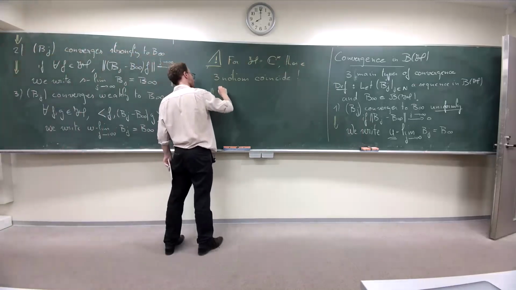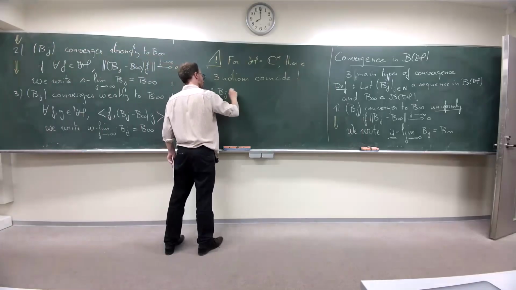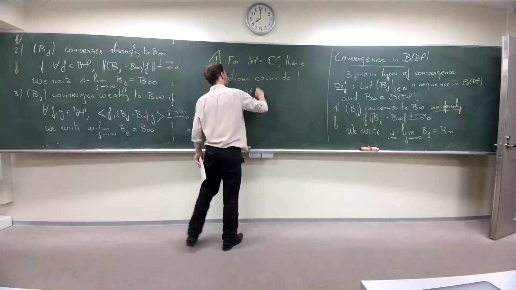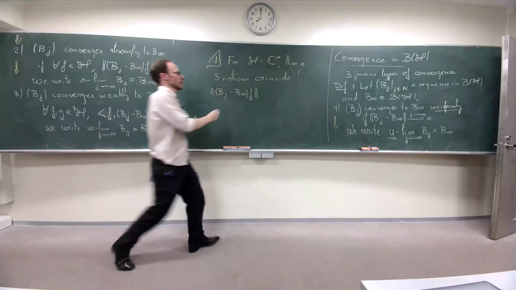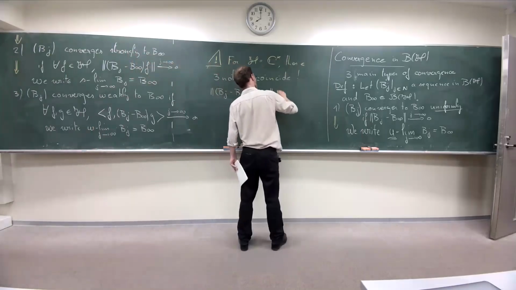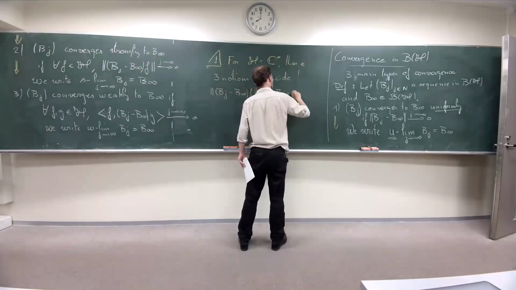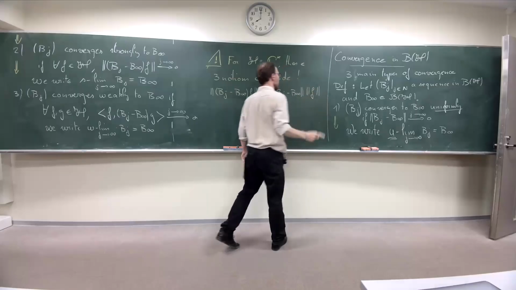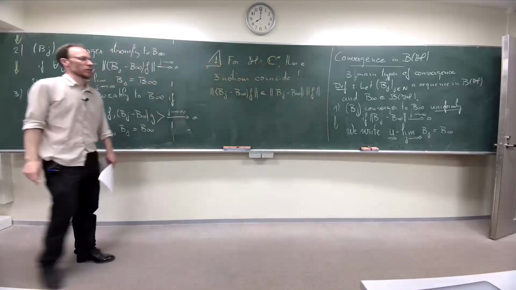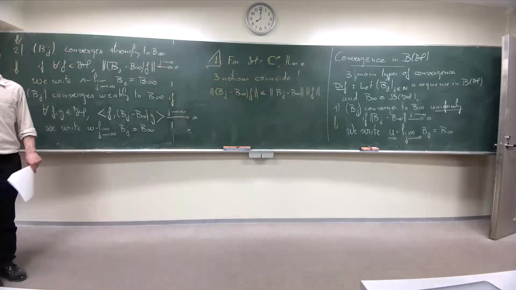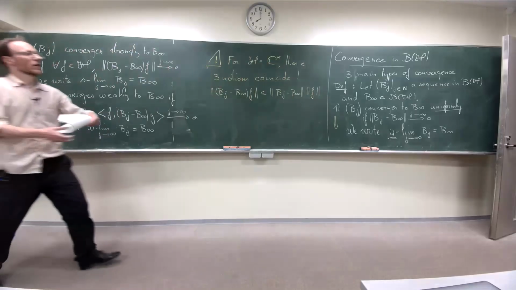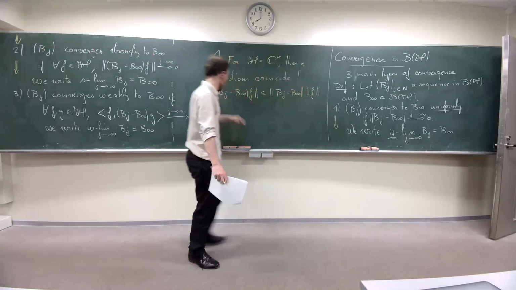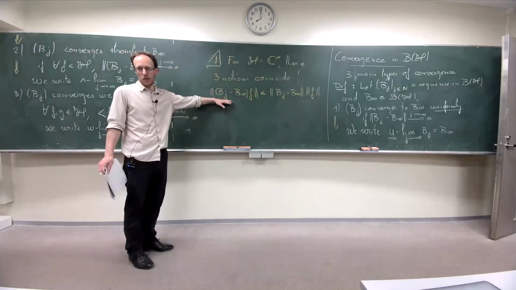If you want to compute Bj minus B infinity on f, you already know that this is smaller or equal to norm of B. By definition, oh, maybe I didn't emphasize, but this is by definition of the norm. So if this one goes to 0, of course, this one goes to 0.